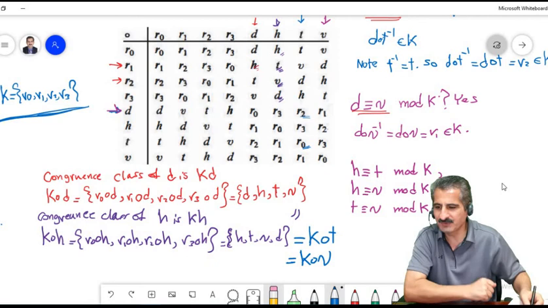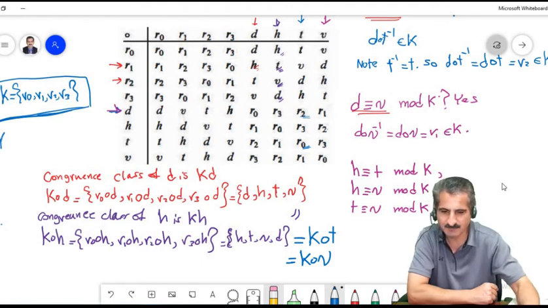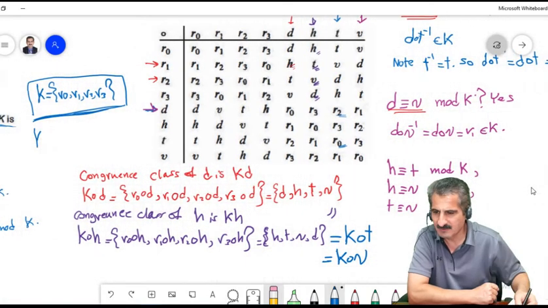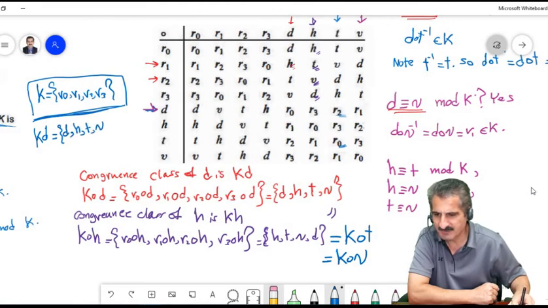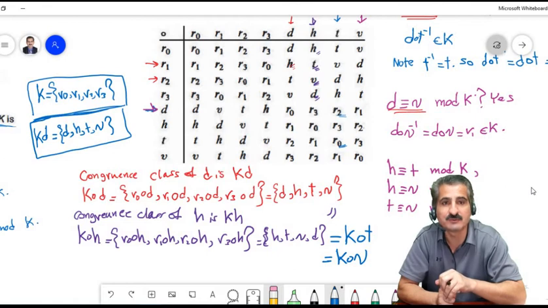So D4 consists of two congruence classes. This is one of them, the subgroup itself, and the other one we can just write as K using any one of these, KD, and it is D, H, T, V. And now if you notice, D2 has been split into two congruence classes modulo K2.